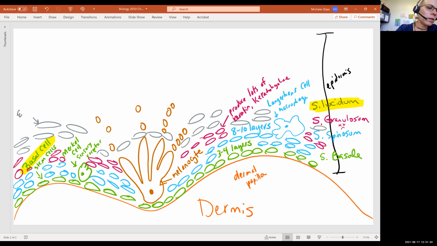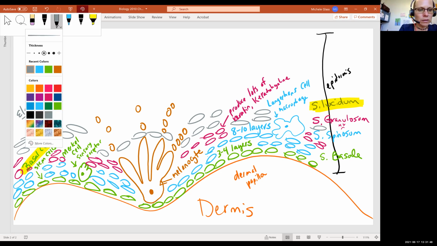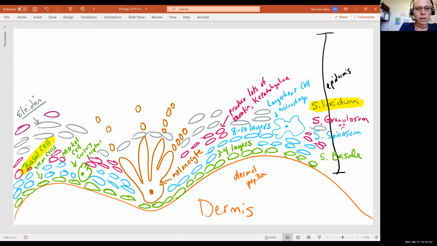And it's full of this lipoprotein called eleidin, which is really causing that transparent appearance. And then the outermost layer for us to look at is the stratum corneum. Stratum corneum.